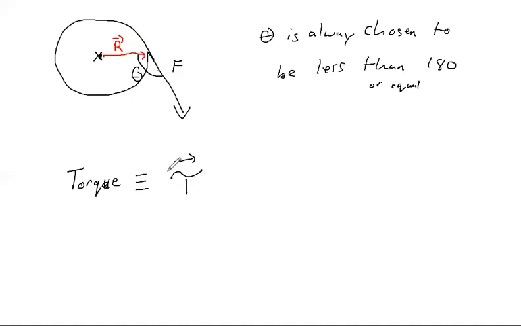And the magnitude of the torque is going to be the magnitude of the lever arm, or moment arm, it's sometimes called, the magnitude of the force times the sine of the angle between them, where the angle is less than 180.